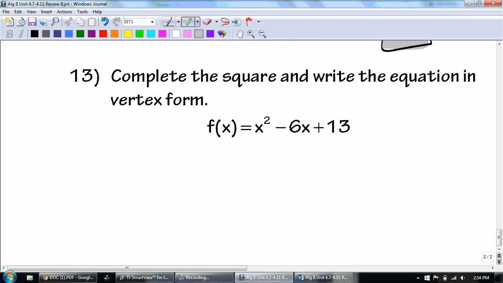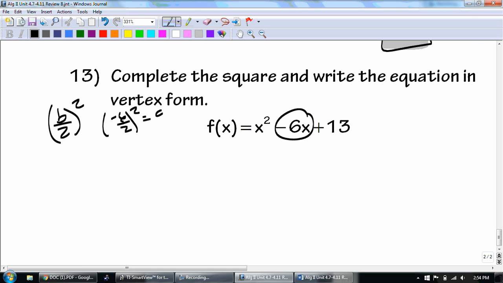So when we're doing 13, I take b divided by 2 and square it. So I have negative 6 divided by 2, which is negative 3, squared is 9. So we have x squared minus 6x plus 13. Remember that we add 9 right here, and remember we subtract it on the other side to balance the equation.